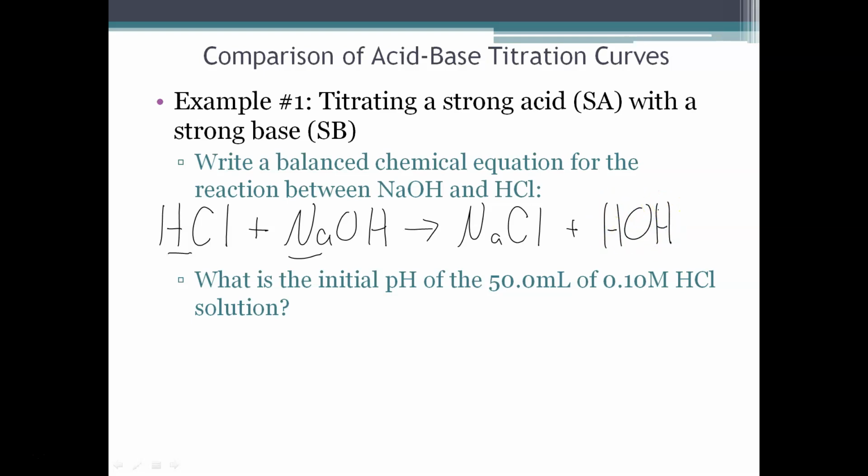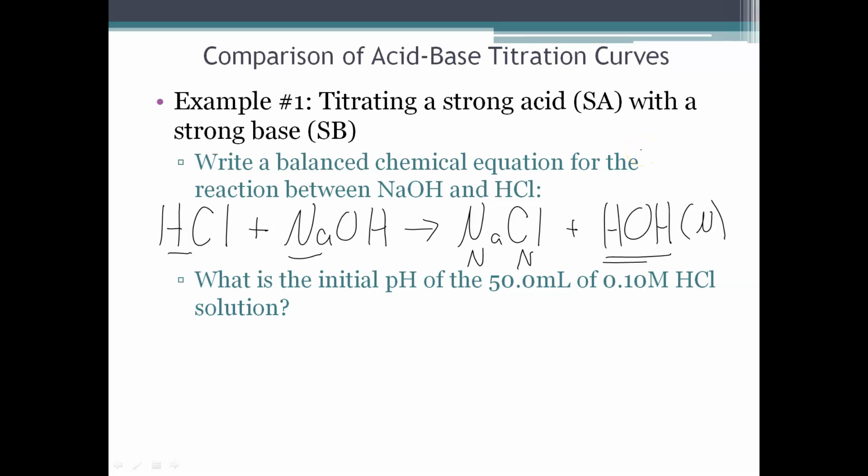Now what we want to do is look at our products here. What are we left with in this chemical reaction? We're left with water, and water is obviously a neutral substance. We're also left with sodium chloride, and if you go back to our hydrolysis of salt lesson, sodium, Na, is a neutral cation, and chloride is a neutral anion.